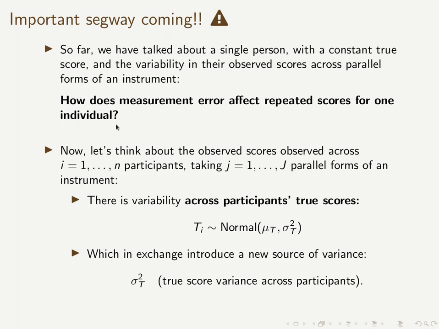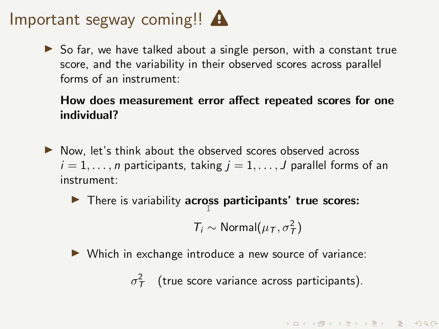Now we're going to think about what happens when we instead look at a more realistic setting in which we are looking at the observed scores across many participants. So now we are introducing a new index notation here. So now we have i for participant, and we're going to keep j for parallel forms.